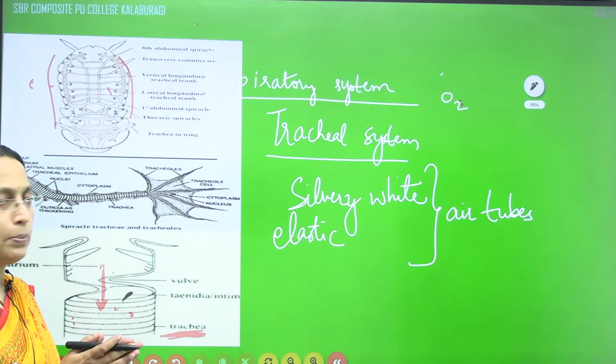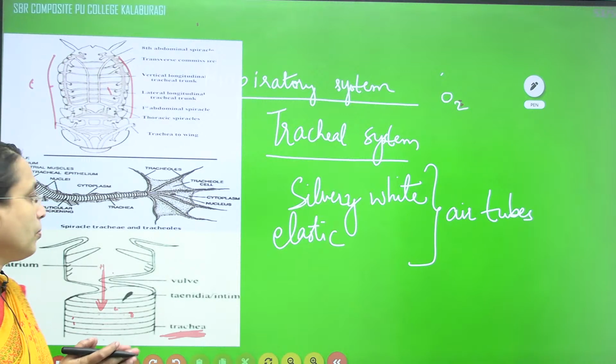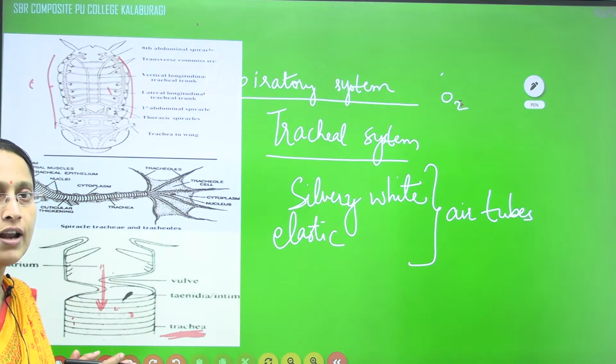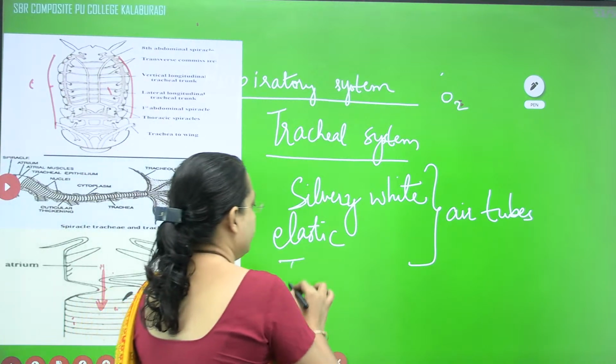The bigger trachea are called the tracheal trunk.